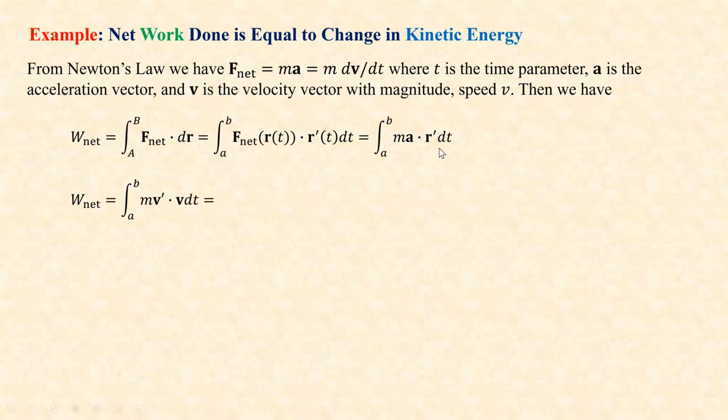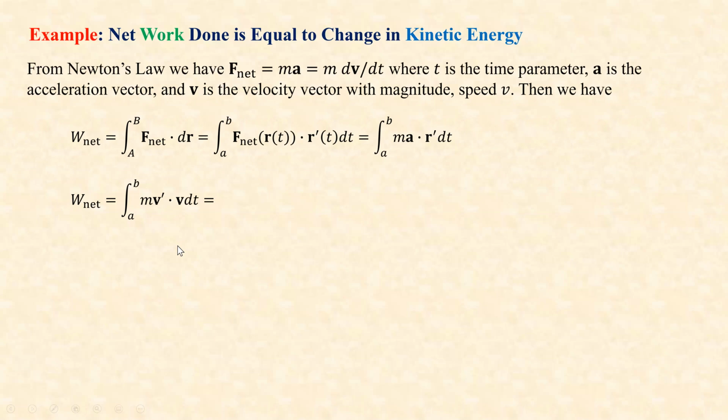Now this a is the derivative of velocity, we call it v prime, and r prime is the derivative of the position vector, which is the velocity vector. So instead of a, we put v prime, instead of r prime, we put v. And m can come out. This is v prime dot v. We can write it as v dot v prime.